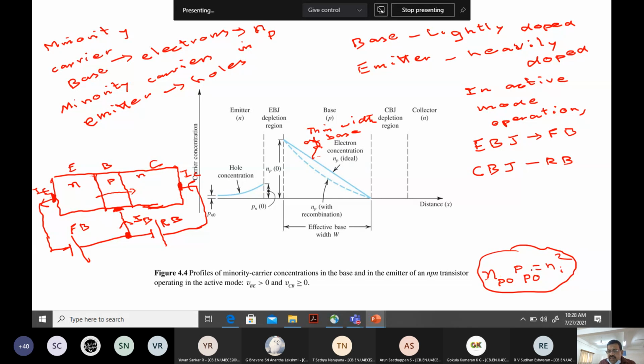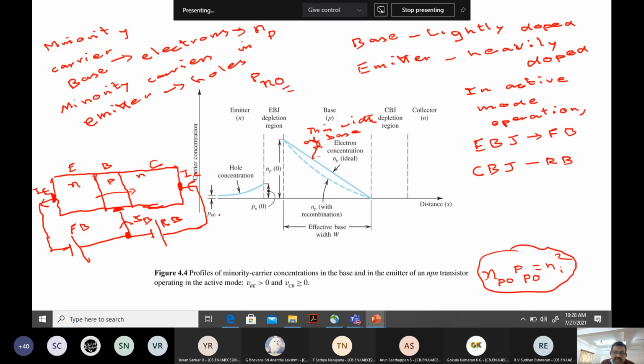The product of electrons and holes will be equal to Ni square. Now, similarly, minority carrier in emitter. So I am trying to explain the symbols before we go deeper into the physics. So minority carrier in emitter, I have to write holes symbol P first. It is in emitter region, which is N region. So it will be this thing. Now when I put symbol 0, that represents equilibrium.